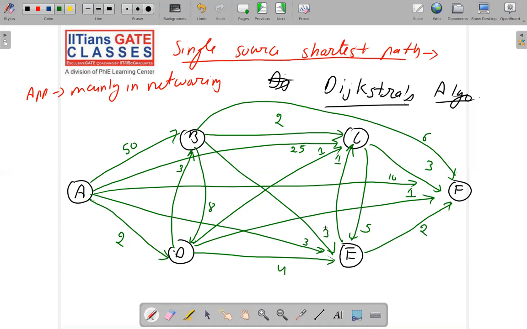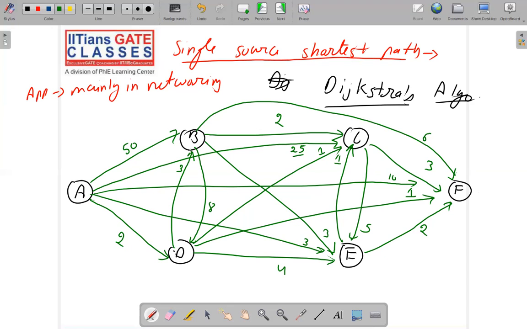From B to E, we have 3. From D to F, we have 1. D to E, we have 4. D to C, we have 1. A to C, we have 25. A to F, we have 10. A to E, we have 3. And that's it. So this is the graph.